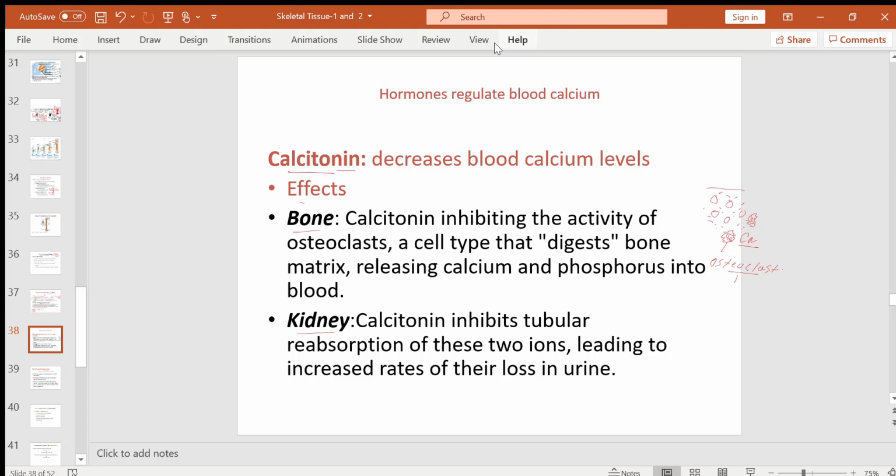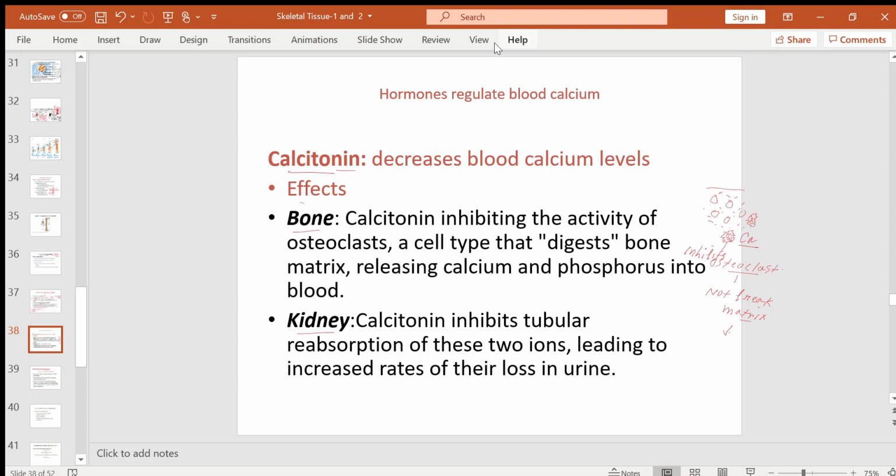So calcitonin inhibits osteoclasts. So osteoclasts will not break the matrix. So if the matrix is not destroyed, calcium will not come out.